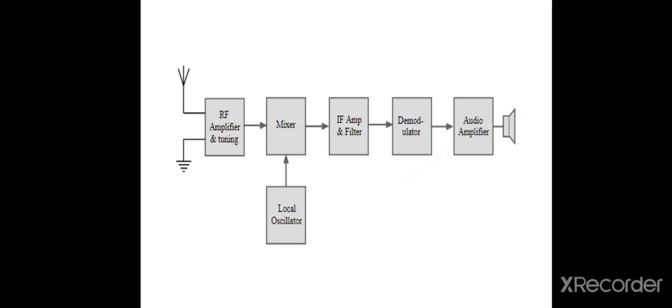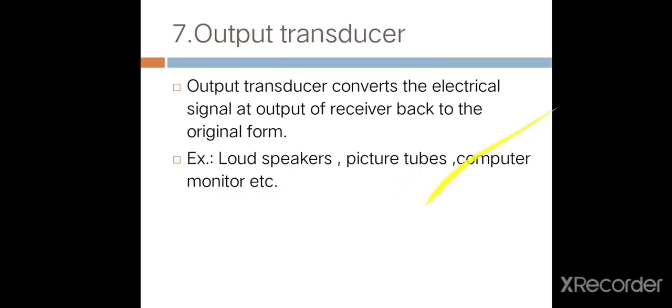IF amplifier means intermediate frequency amplifier. Then this signal is transferred to the demodulator for the demodulation process. And at last, this signal is transferred to the audio amplifier for amplification, and finally to the loudspeaker.